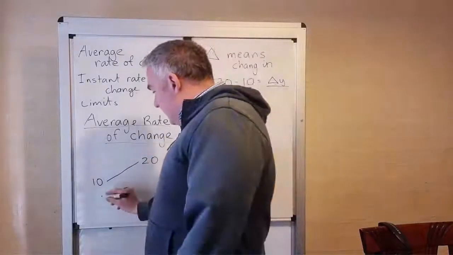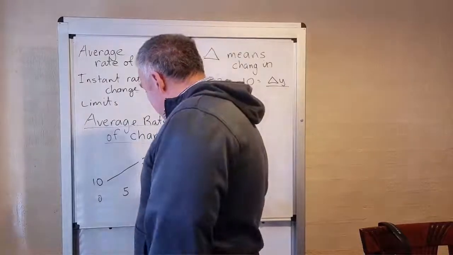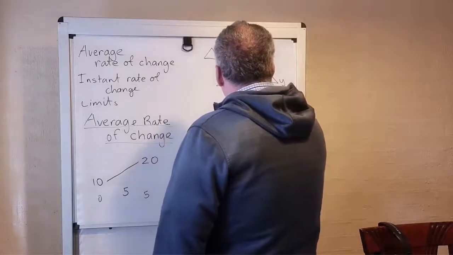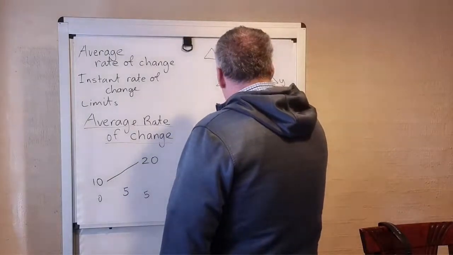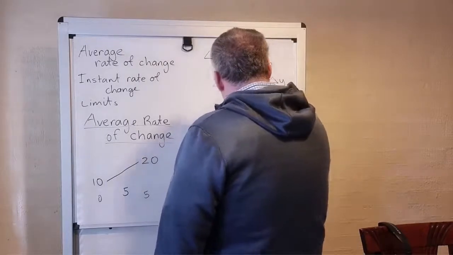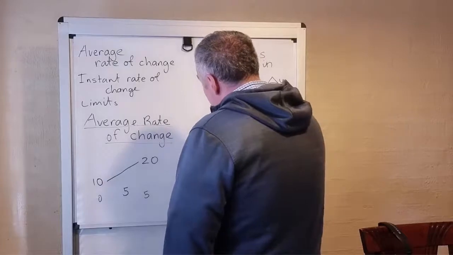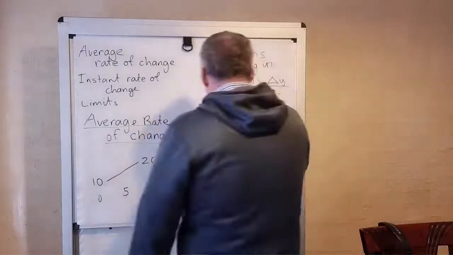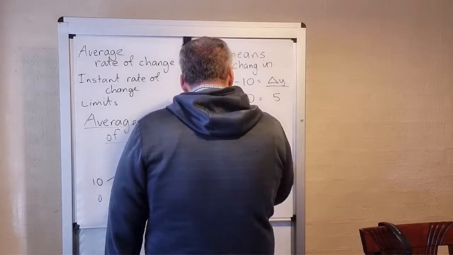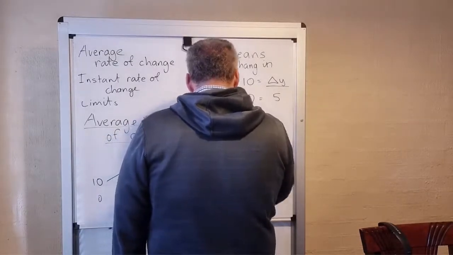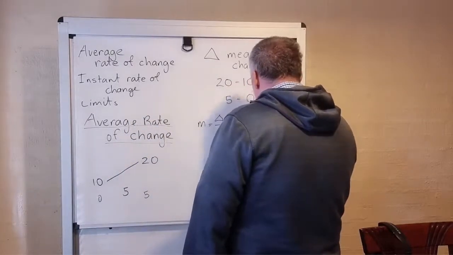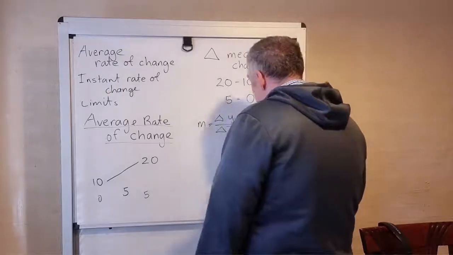And say this was at 0 and the 20 was at 5 units of time, you'd have 5 minus 0, which would equal 5. Okay, and m, our gradient, would be our change in y over our change in x, which would be 10 over 5, or 2.